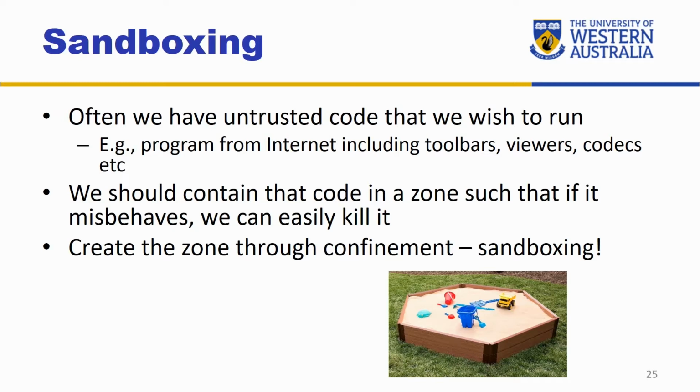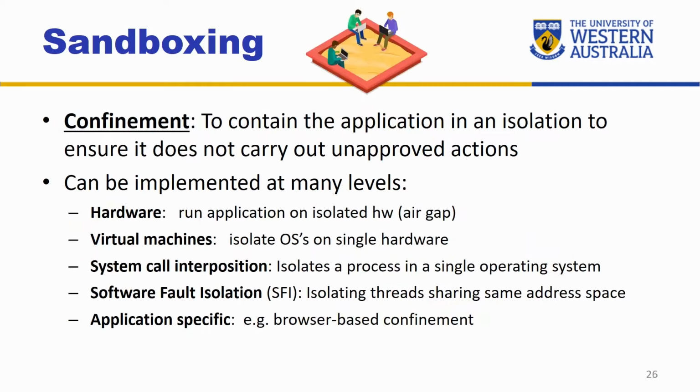So we should really contain that code in a zone such that if it does misbehave, then we can easily kill it without that malicious behavior being spread onto different processes and different regions of our system. Creating that zone by confining, restricting the access outside is what we call sandboxing.